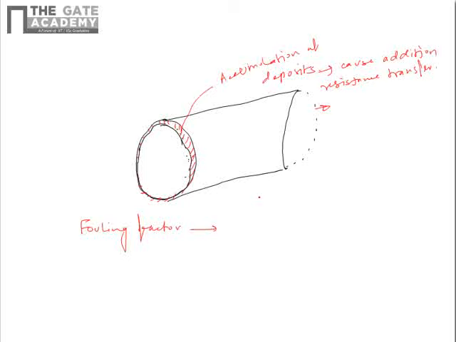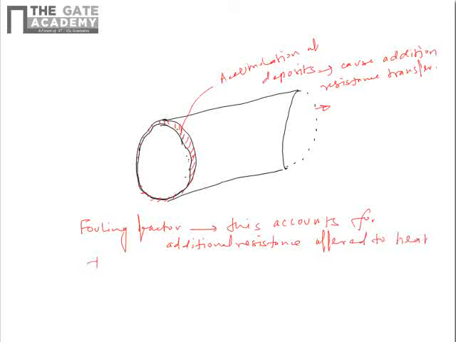and this resistance to heat transfer due to deposition is given by the fouling factor. This accounts for the additional resistance offered to heat transfer due to accumulation of deposits on the heat transfer surface.